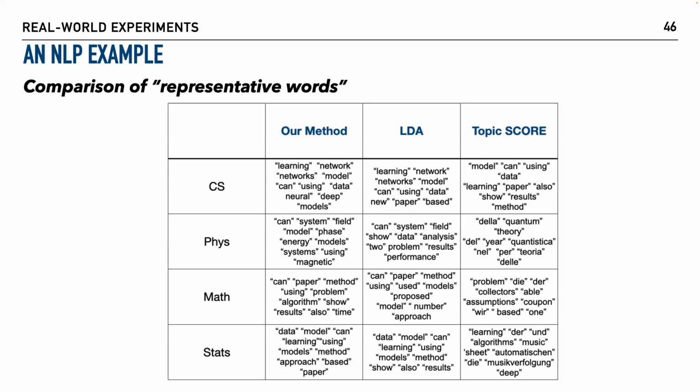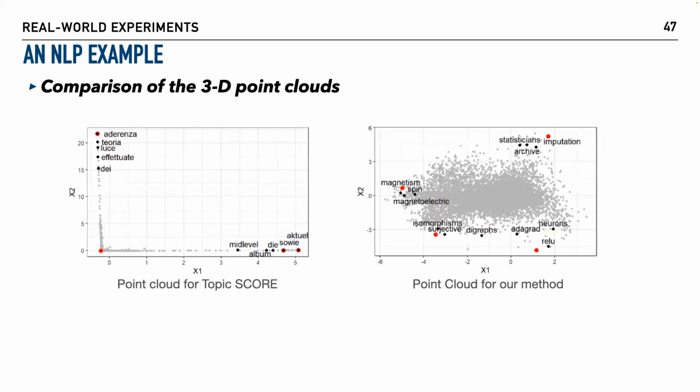This is an example of what we try to solve: some abstracts were split between an English abstract and a translation in another language, and these make for very rare words. When you plot the point cloud and try to do the vertex hunting, this is what you get for topic score.